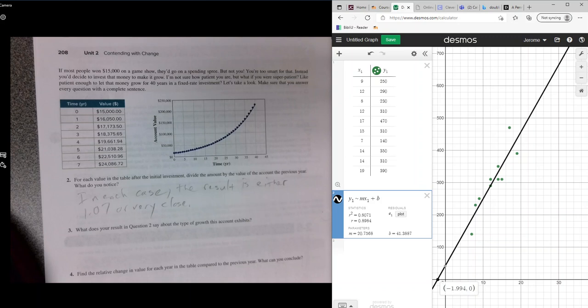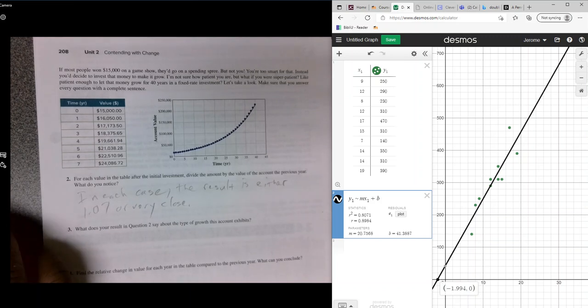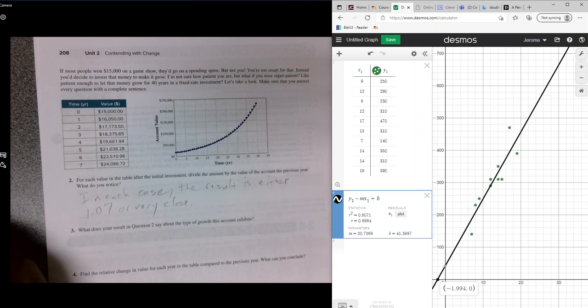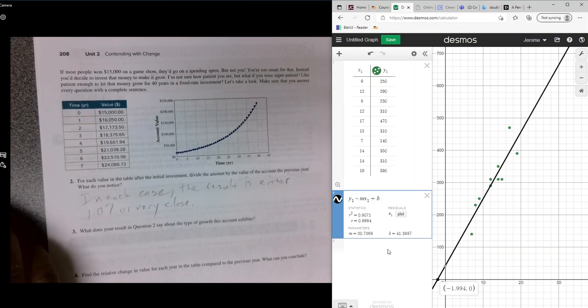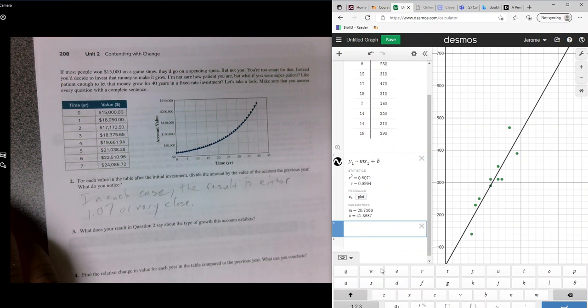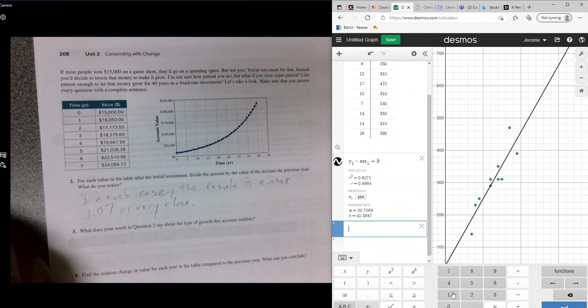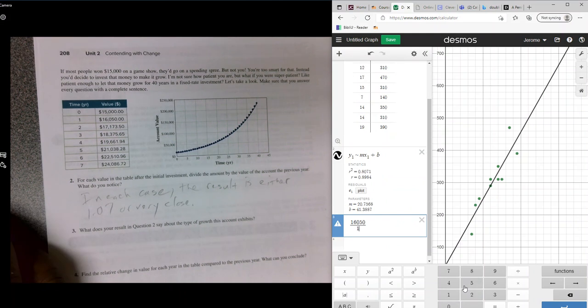But just to show a quick little example of this, I'm just going to do 2 of the numbers. So I'll do 16,050 divided by the previous year, which would be 15,000, and that gave you 1.07.